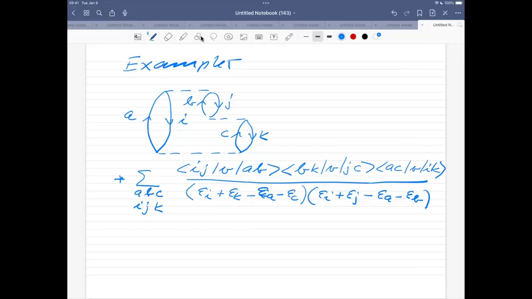So the way you would interpret this diagram, just to finish today, is that we act on the vacuum state with a two-body interaction. We produce a two-particle, two-hole excitation, which is this state here. Then one of the particle-hole pairs does not interact with the other particle-hole pair.